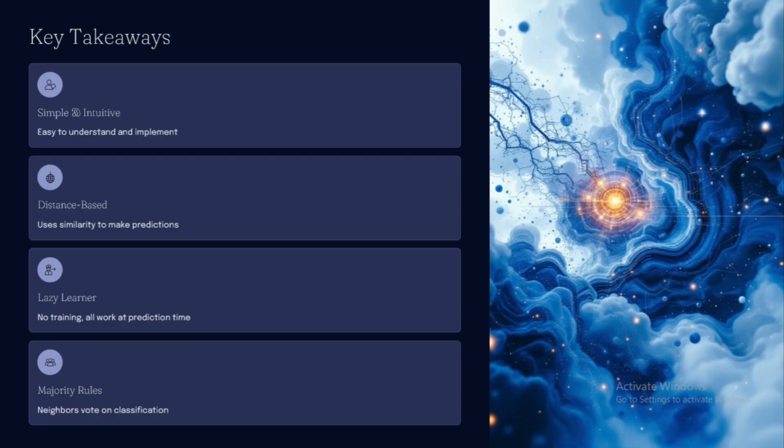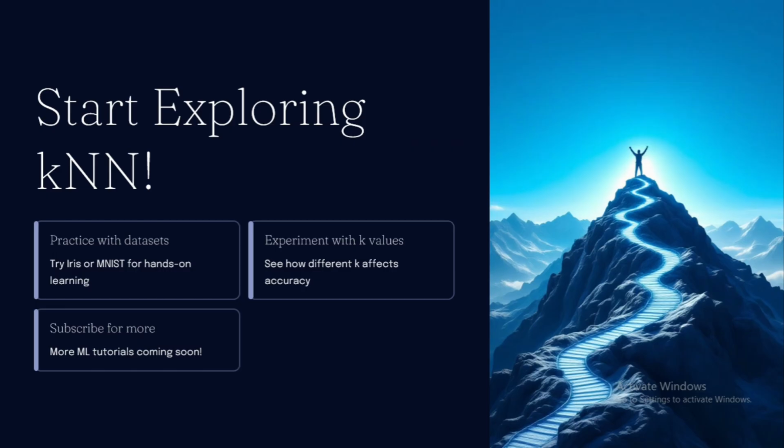Still, it's one of the best algorithms to start your ML journey. So, to truly master kNN, you should start exploring it. Practice with datasets like IRIS or MNIST. Try different k values. Visualize results using plots.